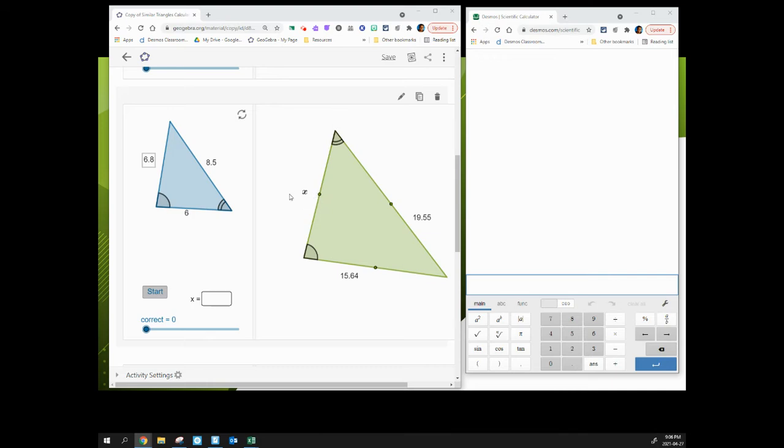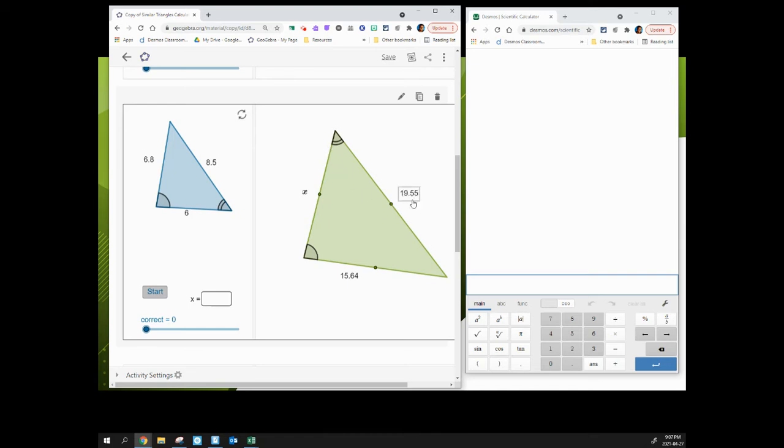The first thing I'm going to notice is perhaps the longest side here, the side on the blue triangle that goes from the angle that has two marks to the angle that has no marks is 8.5. And here, the corresponding side is 19.55. I can move them a little bit.